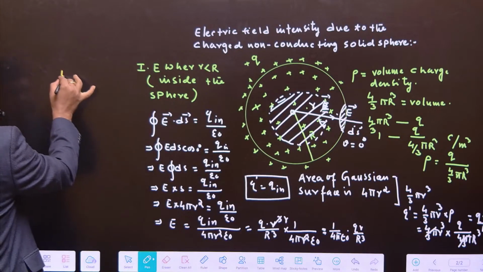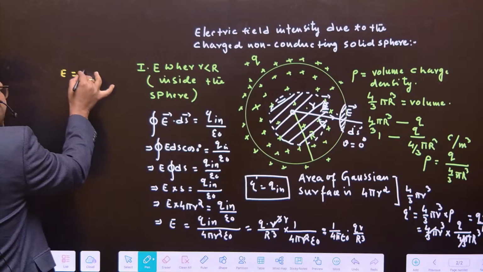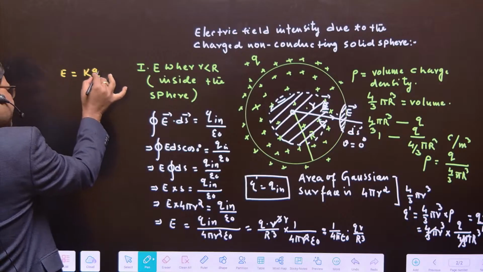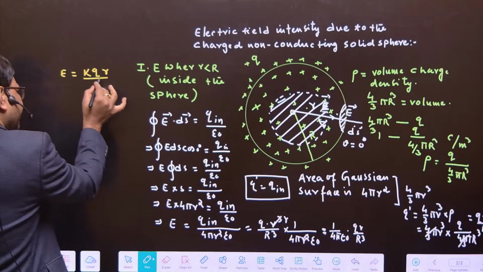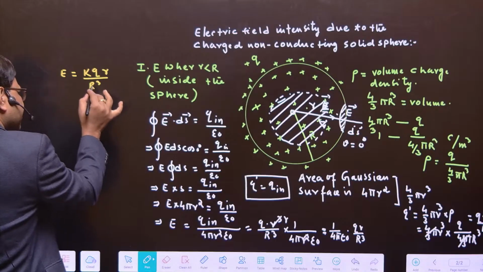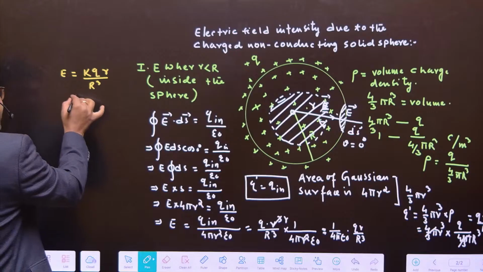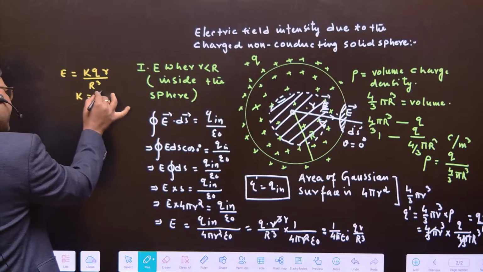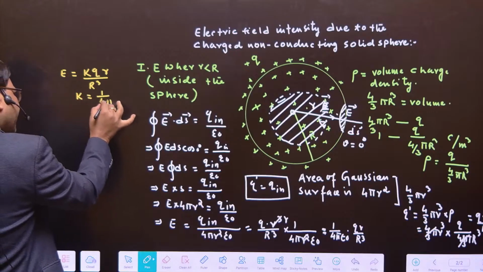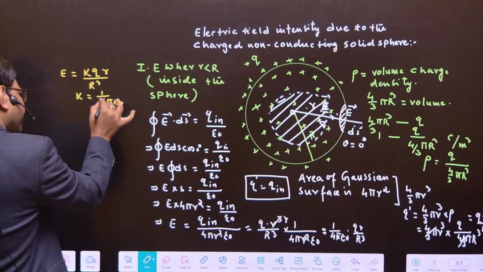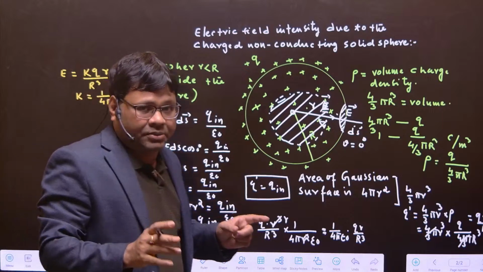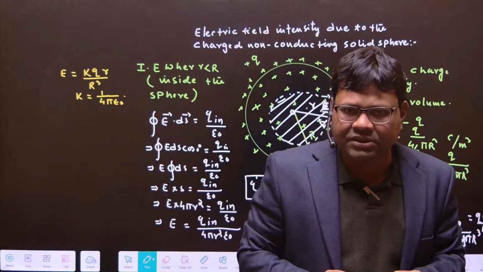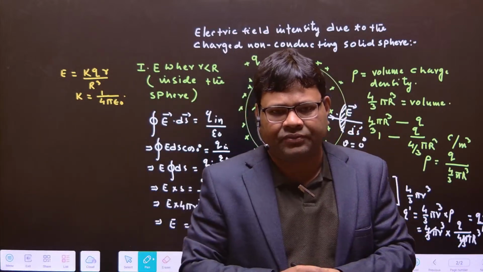Electric field E is equal to K into total charge, into the distance at which we have to find the electric field, divided by the radius of the sphere cubed, where K is equal to 1 by 4 pi epsilon naught. Am I clear? This is the electric field for case number 1.